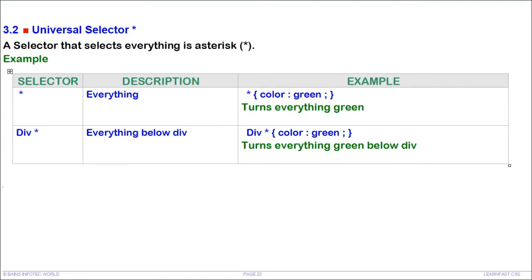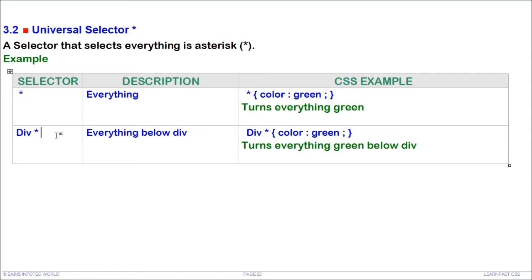For example, in our CSS code, we can say star followed by curly brackets color green. So this will mean that the color green attribute will be applied to everything, all HTML elements in your HTML document. So star means apply to everything.